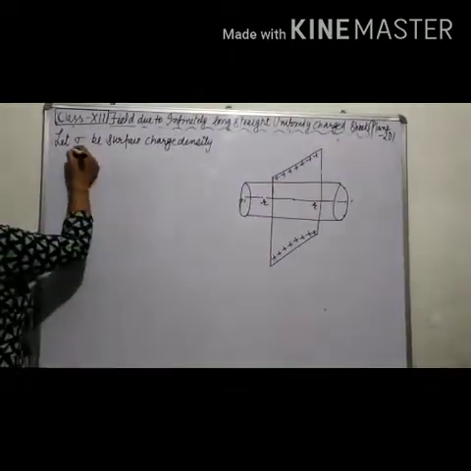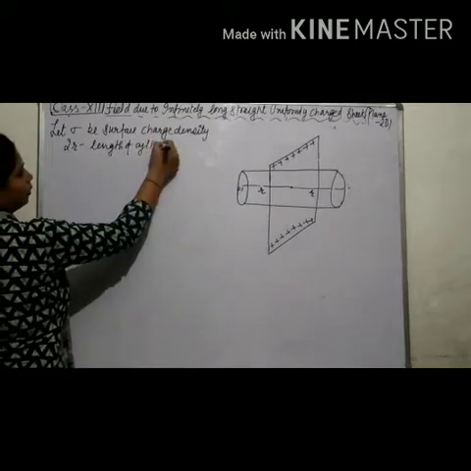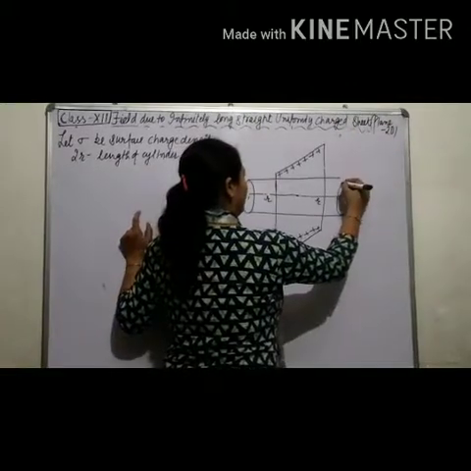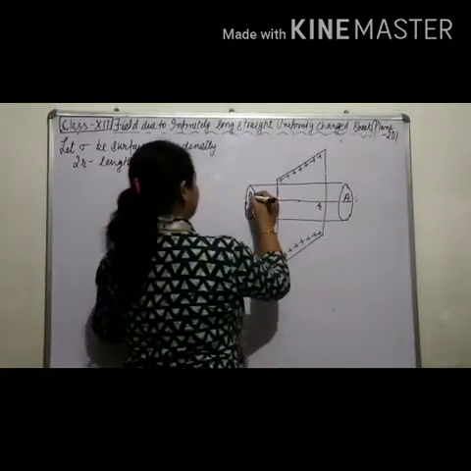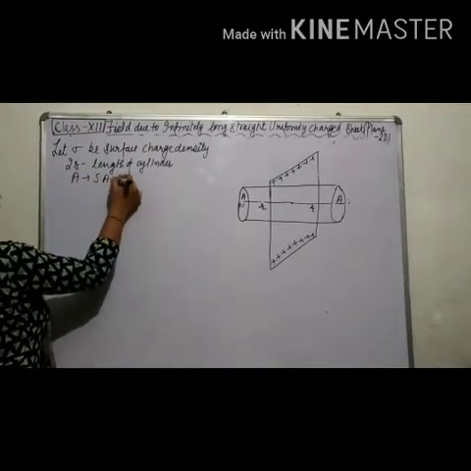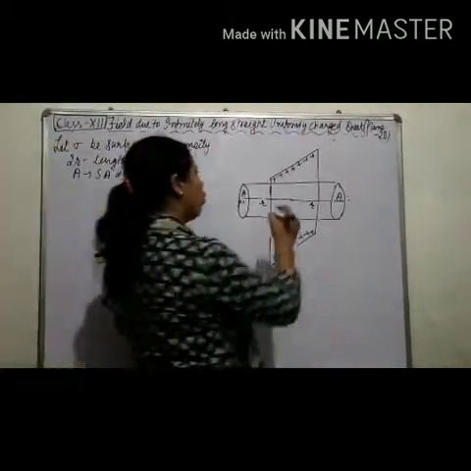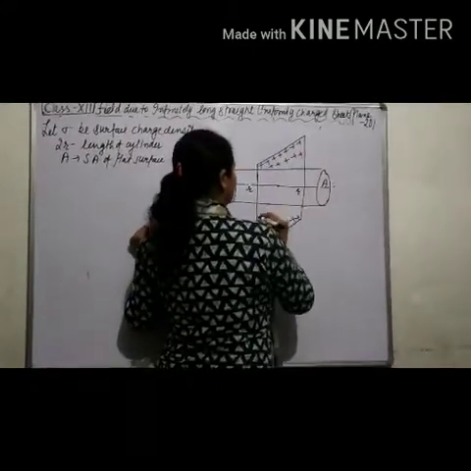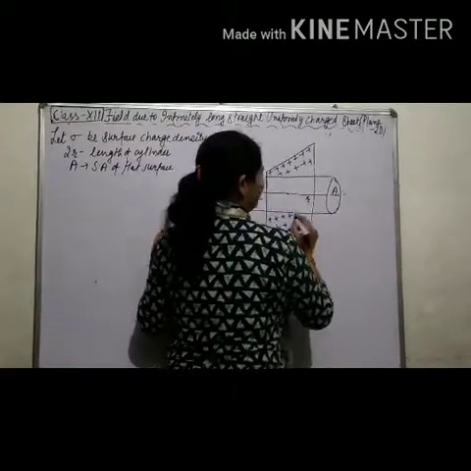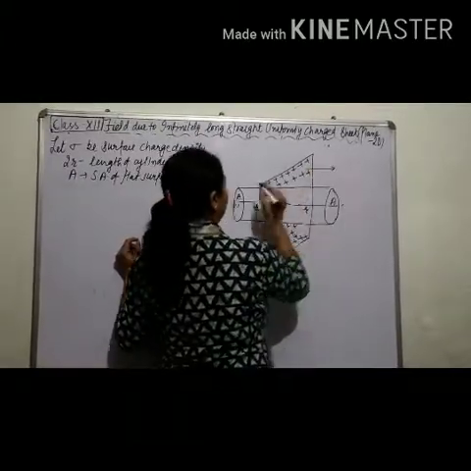So 2r is the length of the cylinder, and the areas of the circular ends being equal, let A be the surface area of the flat surface. As the whole sheet is uniformly positively charged, its electric field lines will move radially outward. It means the electric field will be radially outward.